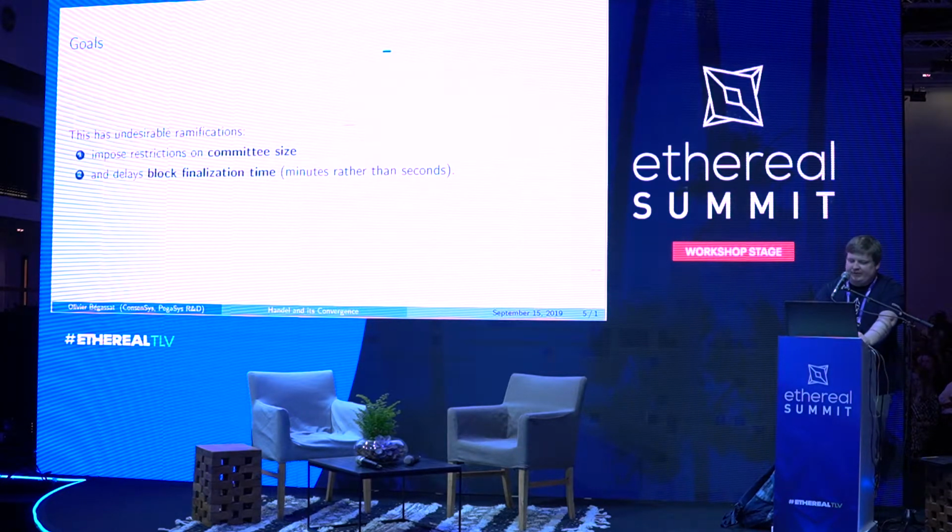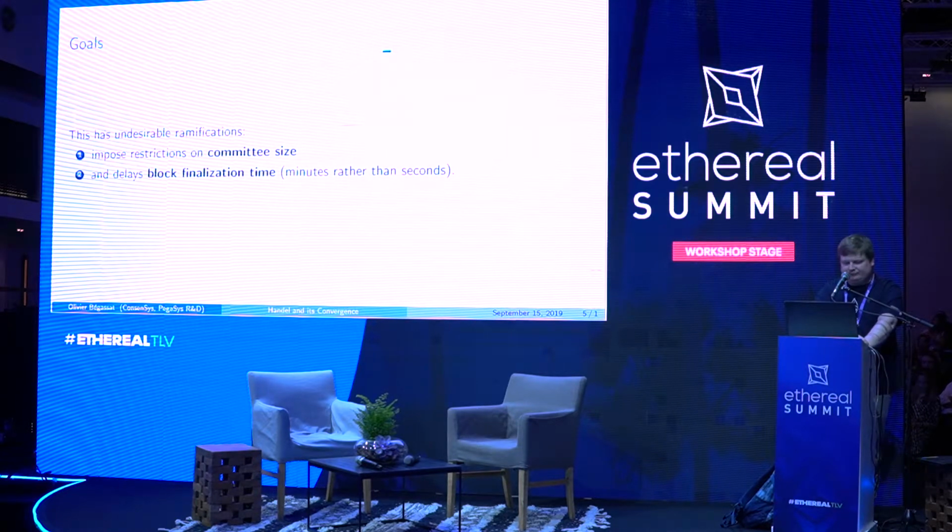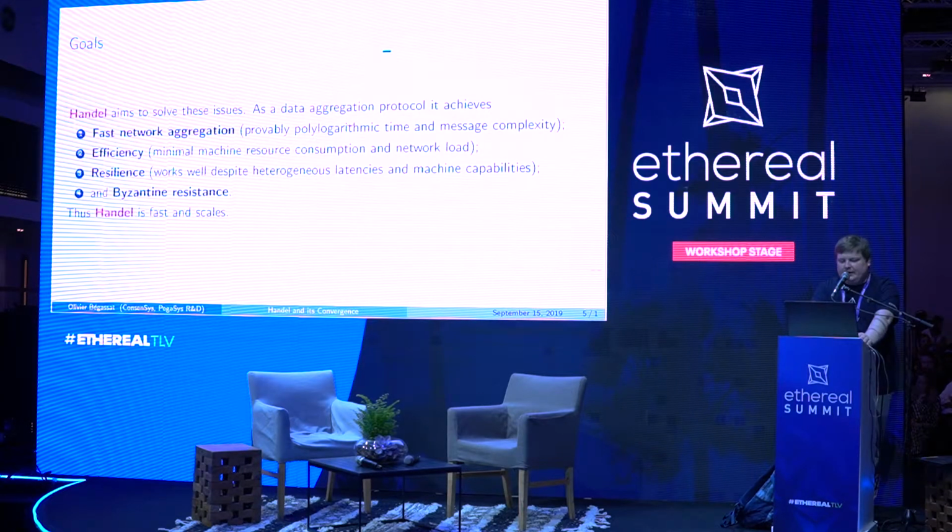Other blockchains, such as Ethereum 2, which also use randomly sampled validator committees, but which require the whole validator set in the end to confirm a block by means of basically a whole epoch passing by, also suffer from this defect. In this case, it manifests in block finalization time, which is on the order of a few minutes, of a few epochs, rather than mere seconds. So there are good reasons to try to improve upon the existing schemes. And Handel is our solution to this problem.